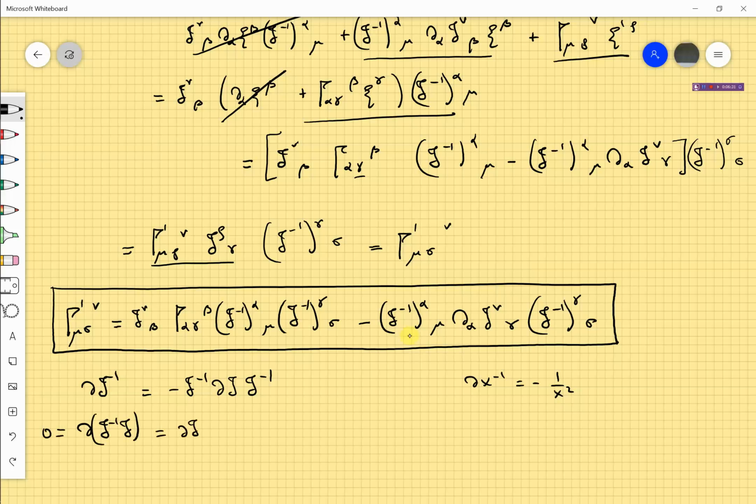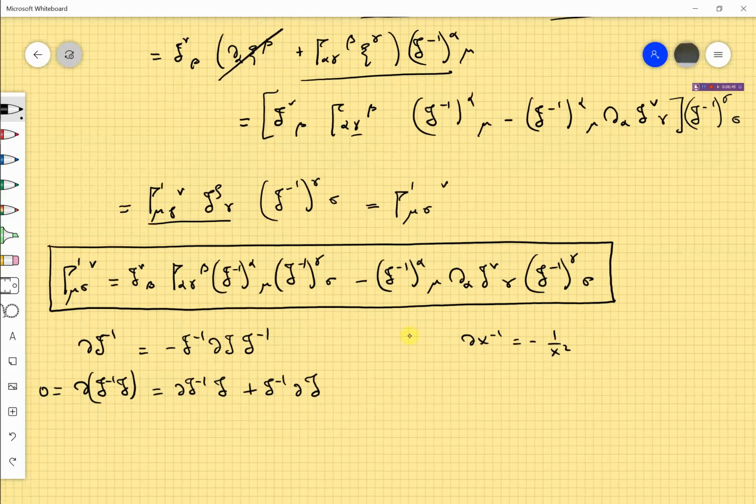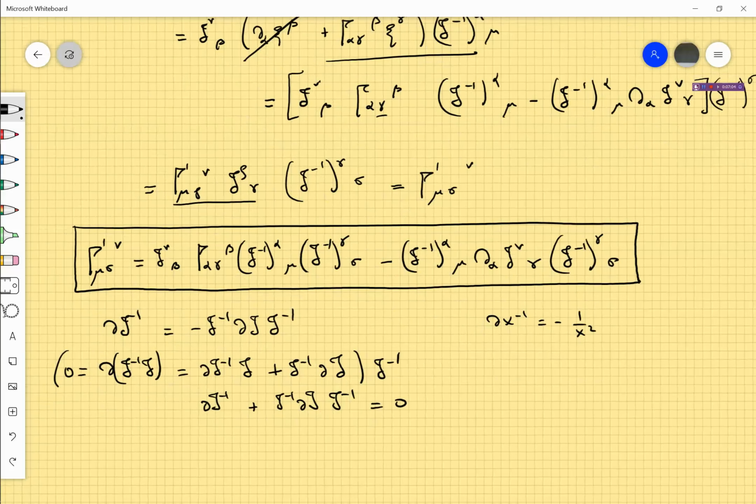So this is dj minus 1 j plus j minus 1 dj, and now you multiply both sides of this equation by j minus 1, and you get that dj minus 1 plus j minus 1 dj j minus 1 is equal to 0, which is the equation that you have here.